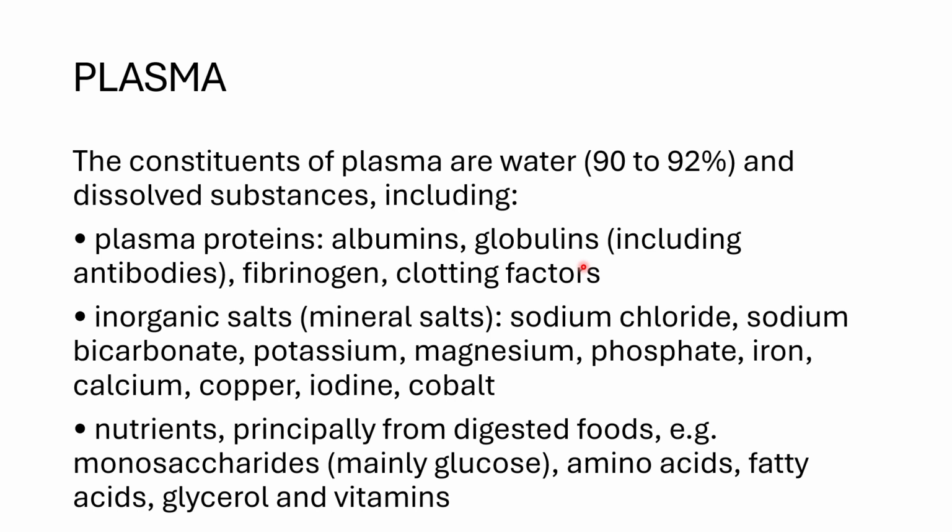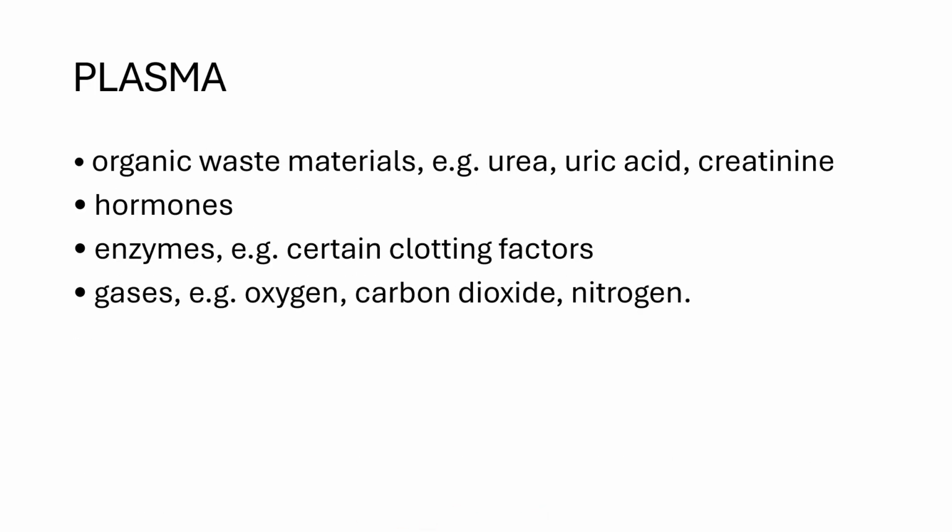It also consists of nutrients principally from digested food, e.g., monosaccharides, mainly glucose, amino acids, fatty acids, glycerols, and vitamins. Still under the plasma, we have organic waste material, e.g., urea, uric acid, and creatinine.